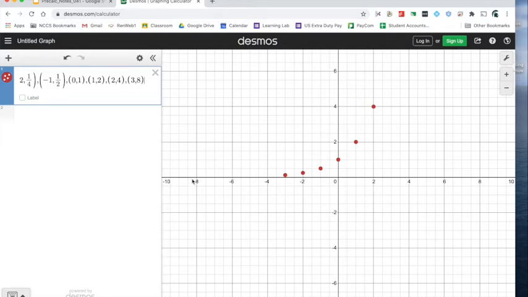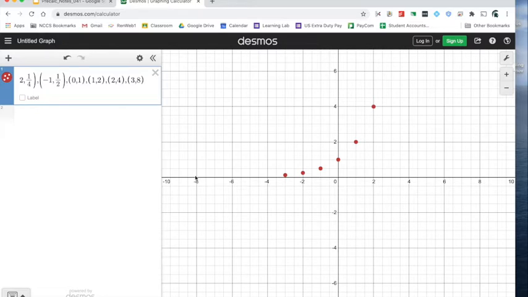So this gives us a nice sequence of points that gives us an idea of what's happening in this graph. Maybe we'll put another point out here just to get another negative and see what's happening, because it looks like these points are leveling out towards 0.